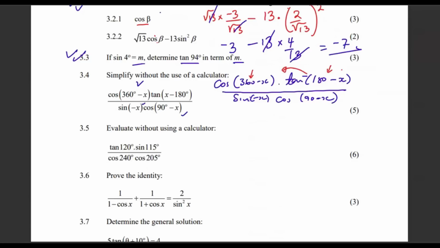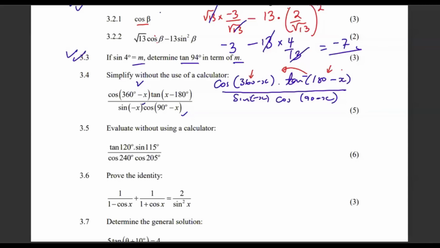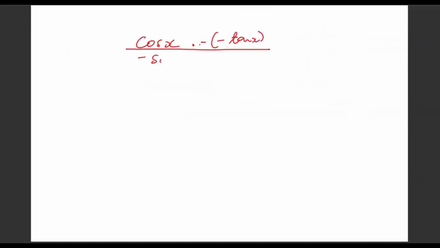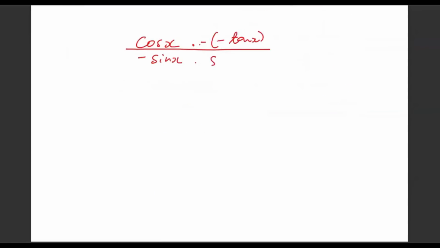So 180 minus is quadrant number 2, and tan is negative. So it's going to be negative and then a negative tan x. We're dividing it by the sine, negative can also be negative sine x. And then the cos of 90 minus x is going to give us just a positive sine x.